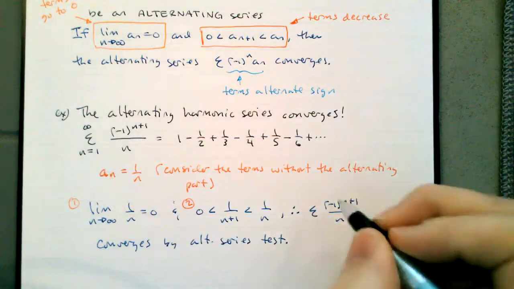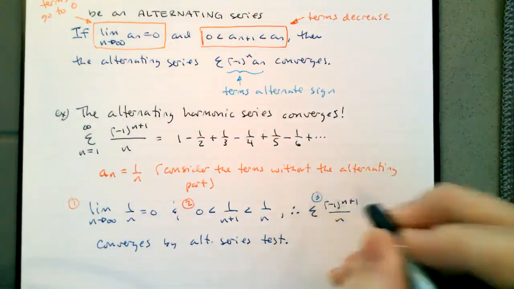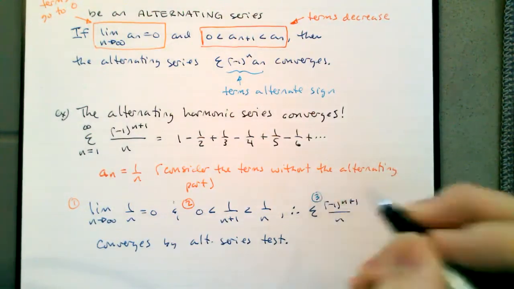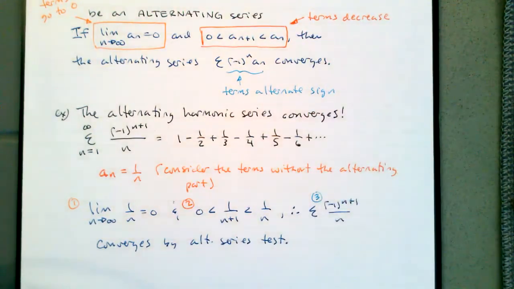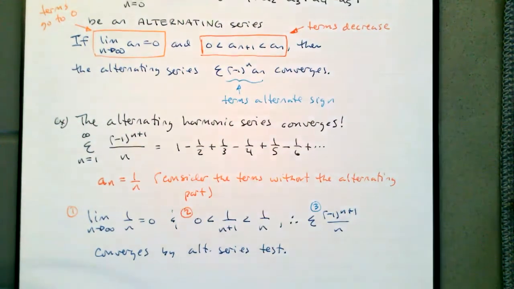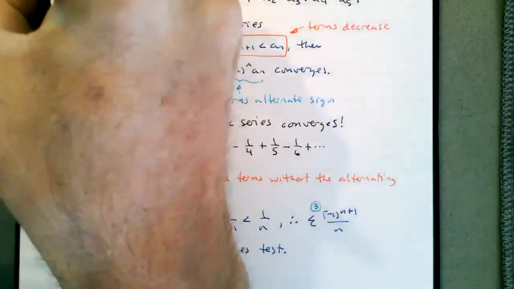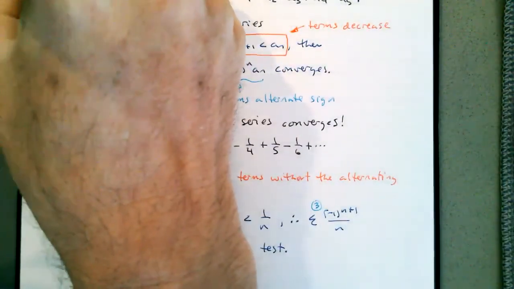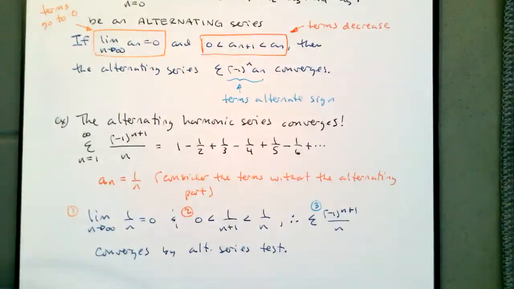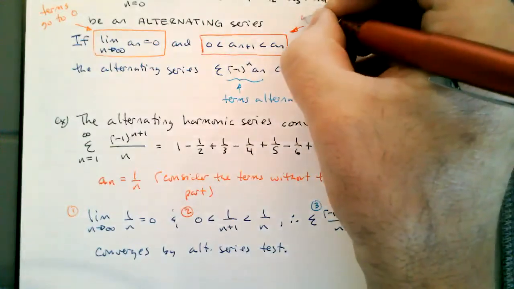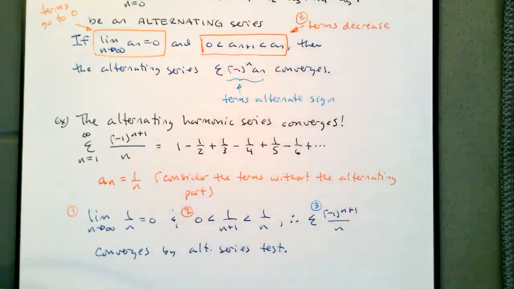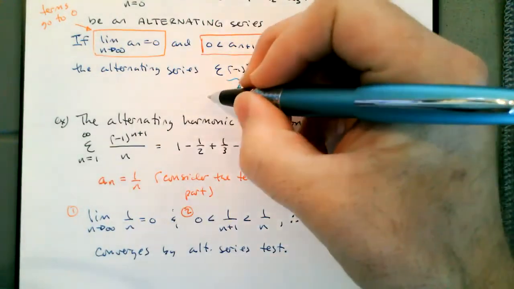And then third, the terms are alternating in sign. Then we get to make our conclusion, convergence. First, the terms go to 0. Second, the terms decrease. And third, the terms alternate in sign.